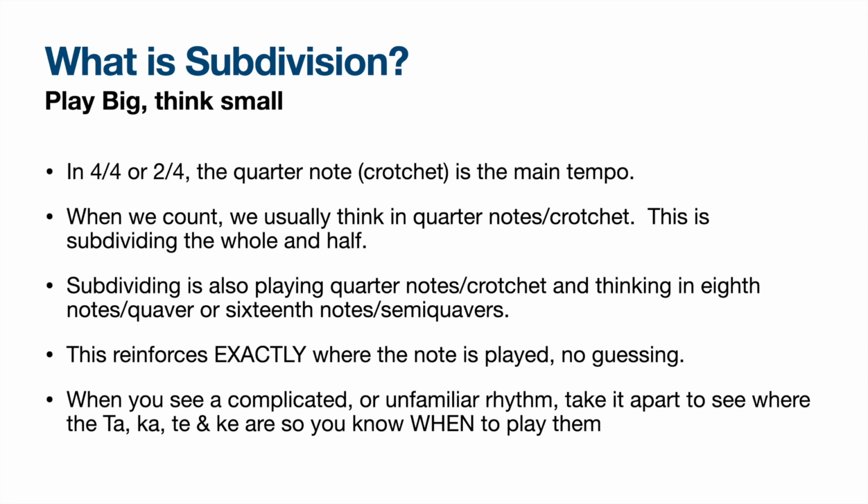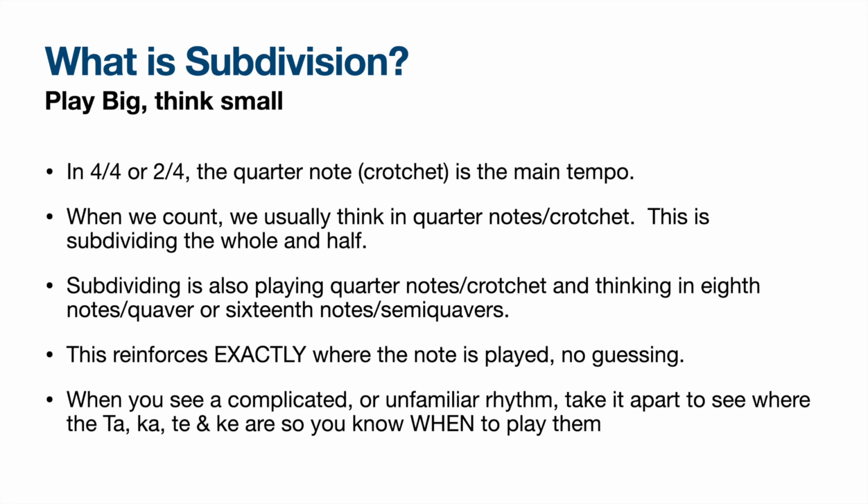And that's usually the main tempo. So when you see a whole note or a half note, you're thinking 1, 2, 3, 4, 1, 2, 3, 4. You're subdividing the quarter note already, okay? Or crotchet for our UK people.